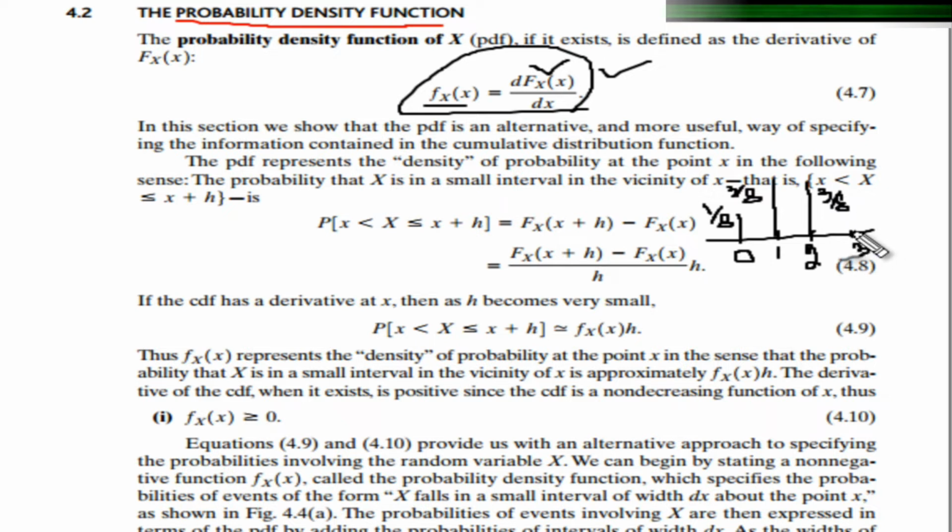Number of heads are basically 2, and similarly the probability of getting 3 heads is again 1 by 8. So what is this plot? This distribution plot is called the probability mass function, or when it will be in continuous form, it will be the probability density function. Now this is a probability mass function.